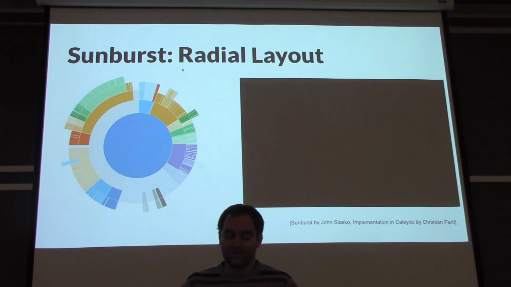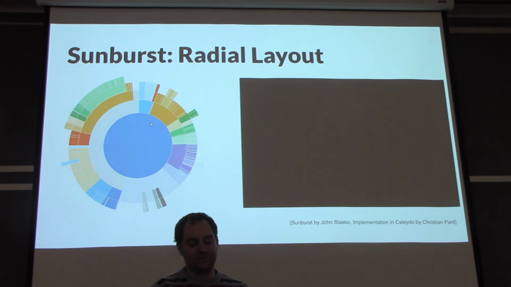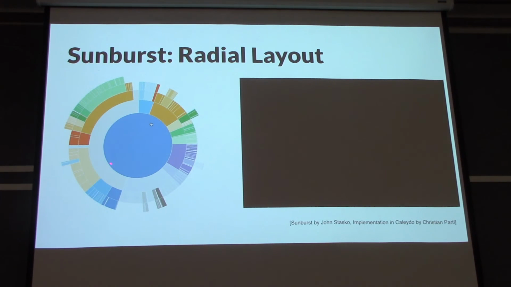So we talked about this sunburst briefly until here. The encoding is, instead of having containment, it's about adjacency in the radial layout. So this would be the root, and all the elements that are adjacent to it, like this segment here, are a child of it.